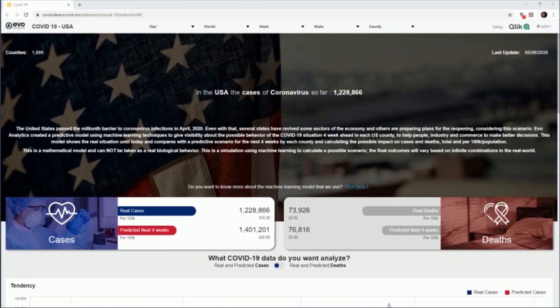So, for example, in the U.S., the cases of coronavirus so far, and then you click on there, you find your county, and it'll start generating some of the information in regards to cases by county, so that you can follow it on there. So it's just a link, and it allows you to have it.